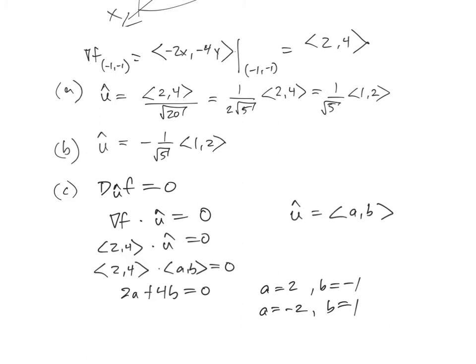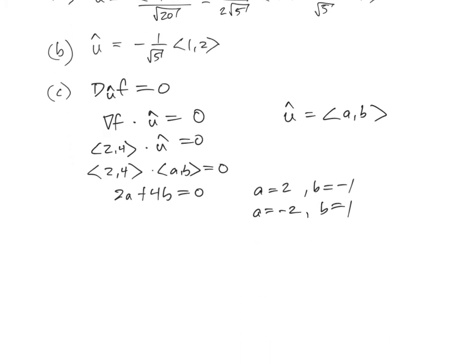Now, would those values of a and b give me a unit vector? No, right? So really, u hat should be equal to 2, -1 over the magnitude of 2, -1.